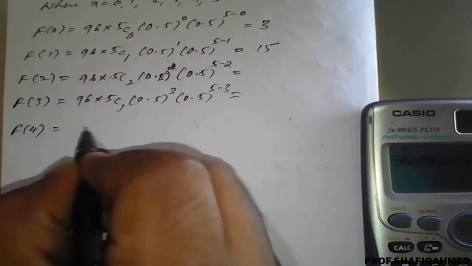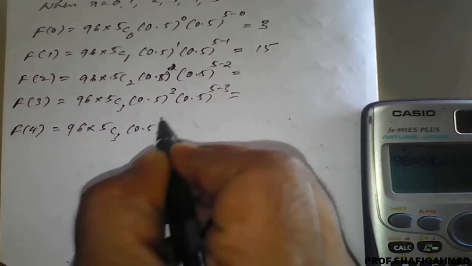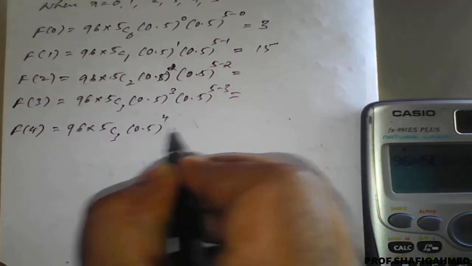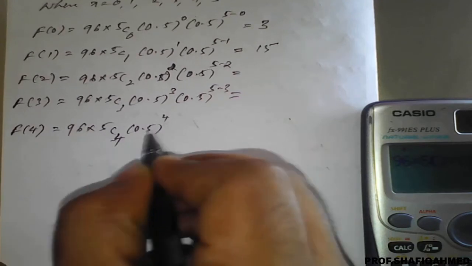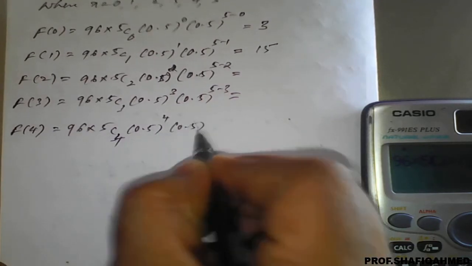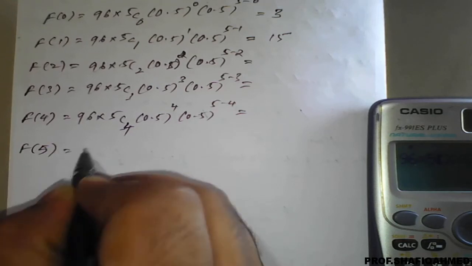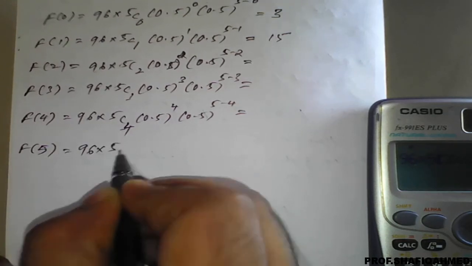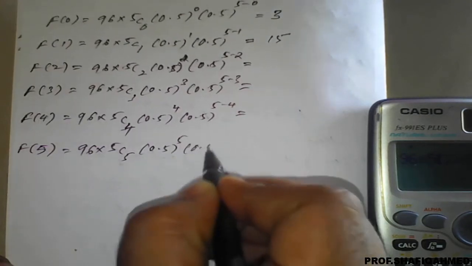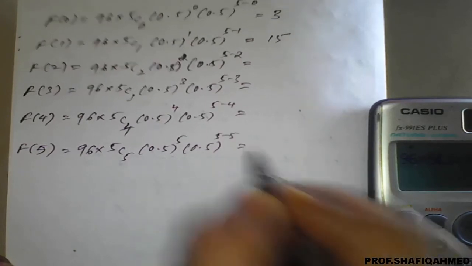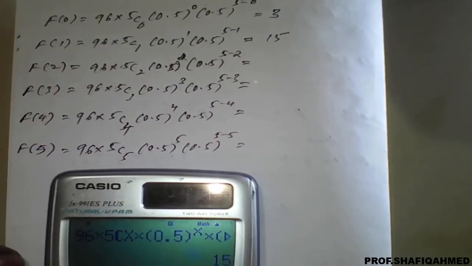Then f of 4 is equal to 96 into 5C4, 0.5 raised to 4, 0.5 raised to 5 minus 4. And the last one, f of 5 is equal to 96 into 5C5, 0.5 raised to 5, 0.5 raised to 5 minus 5.